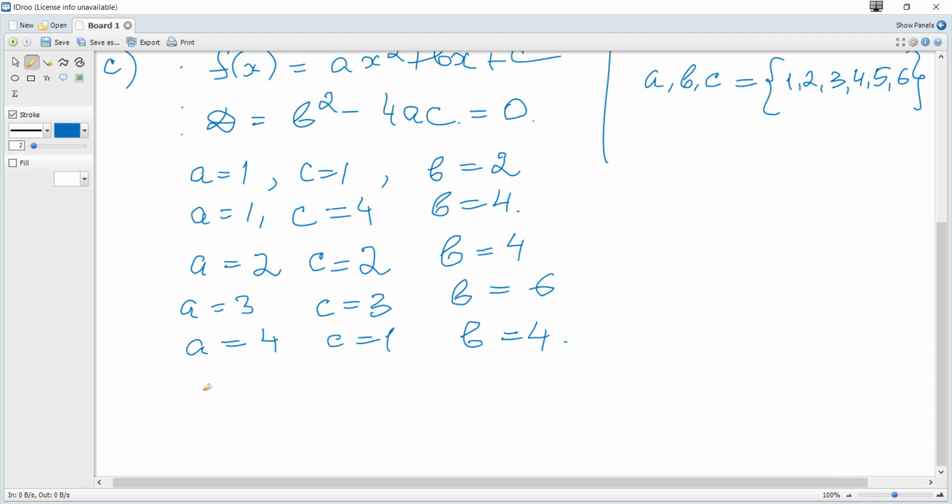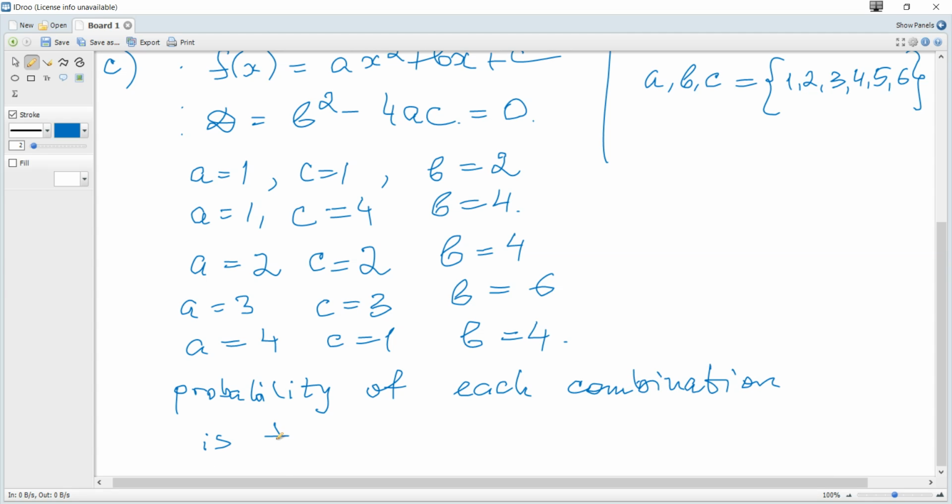Or you may say that there are 5 favorable combinations or outcomes, and there are 216 combinations in total, hence the required probability is 5 over 216. The probability of each combination is 1 over 6 times 1 over 6 times 1 over 6, it's 1 over 216.